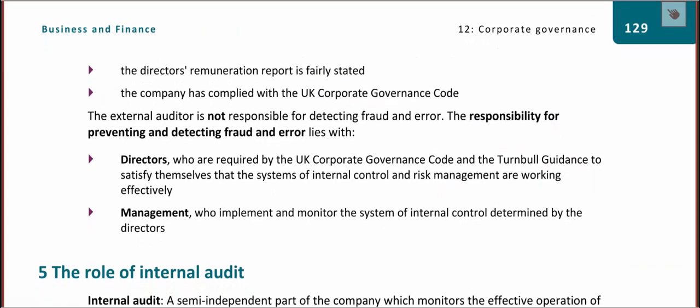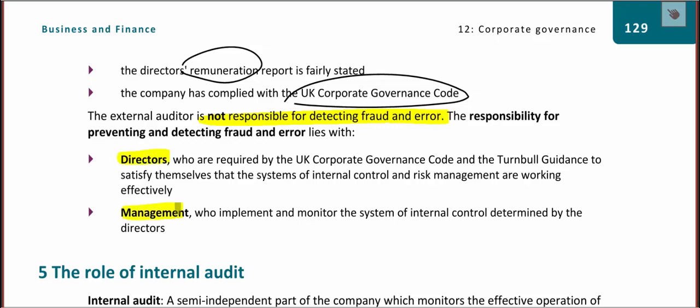Over the page, what else does it mean? It means that the financial statements will include a fairly stated remuneration for directors, and it will have a statement on the UK Corporate Governance Code and adherence to the UK Corporate Governance Code. Really important that we acknowledge that the external auditor is not responsible for detecting fraud and error. Their responsibility is to provide an opinion. The responsibility for preventing fraud and error lies with those charged with governance.